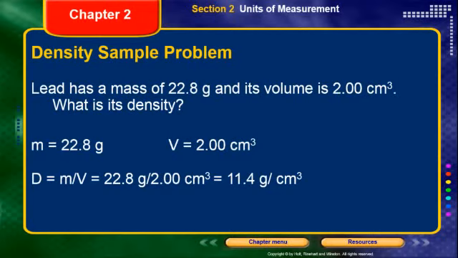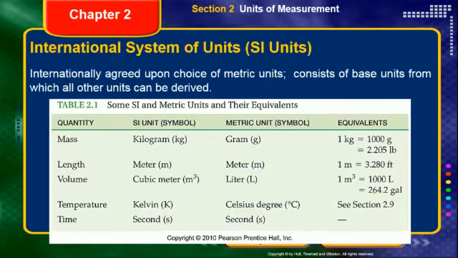Density equals the amount of mass per unit volume, so it's mass divided by volume. So I'll take the 22.8 grams and then divide it by the 2.00 cubic centimeters. I simply plug the 22.8 divided by 2 into my calculator, and I get 11.4. Now notice, I can't do anything with the units. The units stay there. So my unit for density is grams per cubic centimeter, like we said is a very common unit in the previous slide.